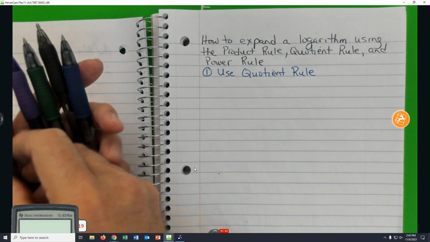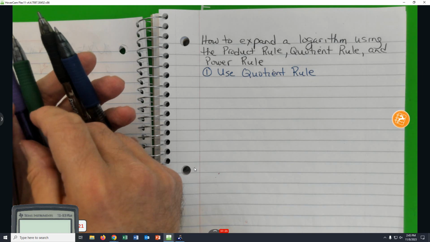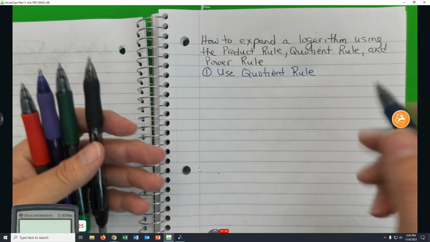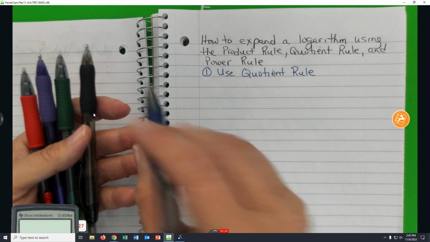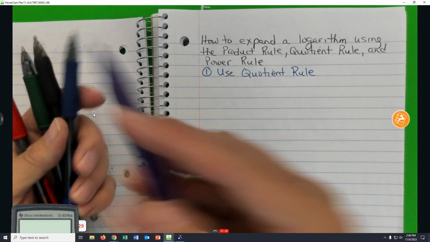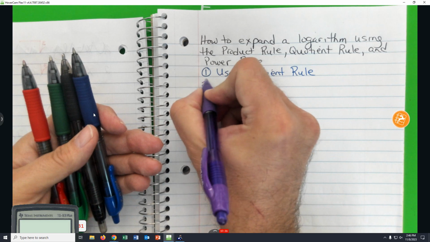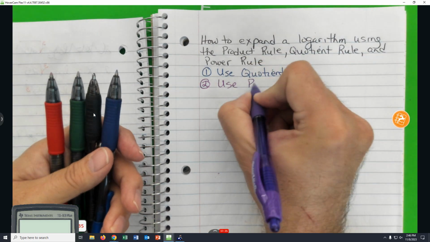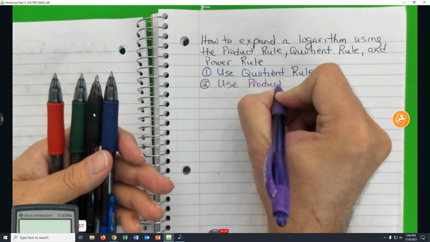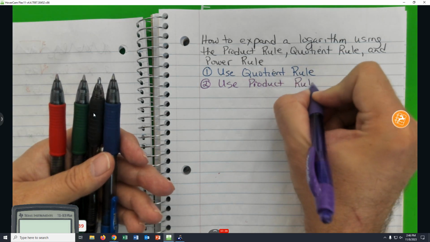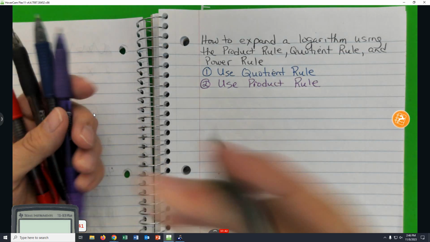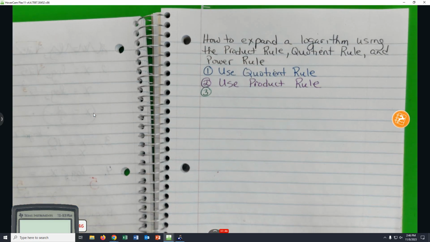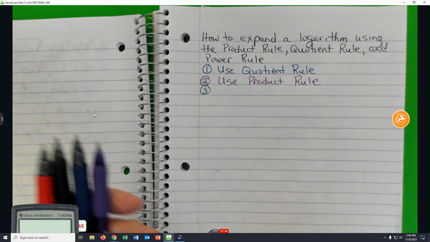And make a note, use that quotient rule if the argument has a fraction in it. There has to be a fraction in it to use the quotient rule. M over n, something with the fraction bar in the argument. Then after you use the quotient rule, you'll use the product rule. Now the third step I'm going to leave blank right now because I'll see if y'all can figure that out.